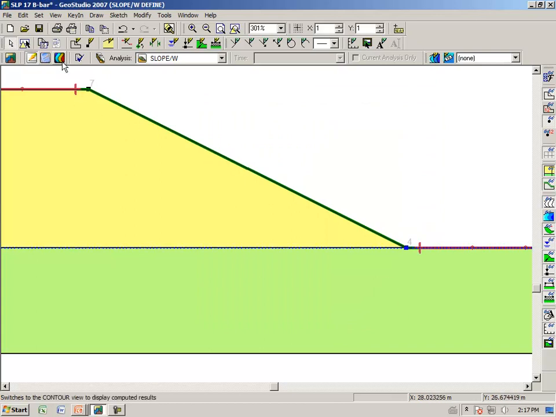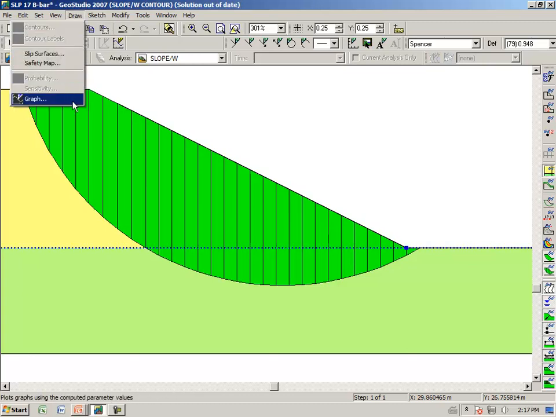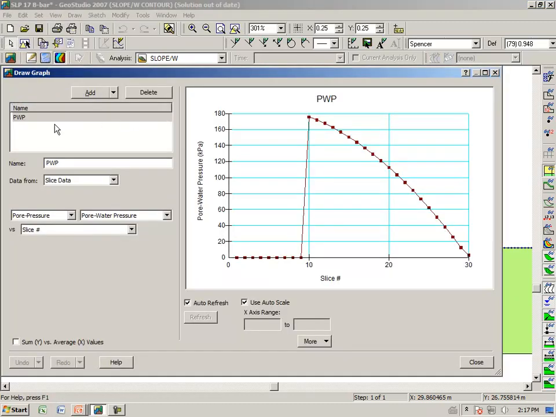Let's go to the results view and draw a graph, looking at the pore pressure distribution versus slice number. Notice that if I hover over these data points, I see the x coordinate and the y coordinate. So slice 10, slice 11, slice 12.